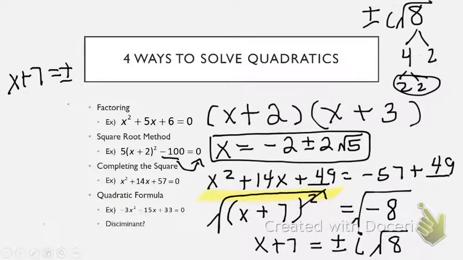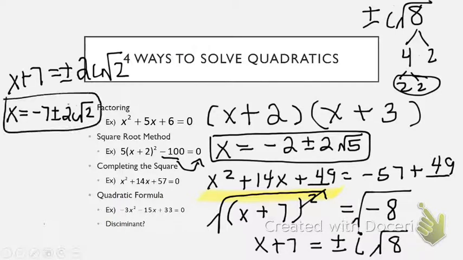My bad. 2i root 2. Okay, so now I'm going to move the 7 over by subtracting it from both sides. x is equal to negative 7 plus or minus 2i root 2. And that is how you do completing the square. Those are your two solutions.